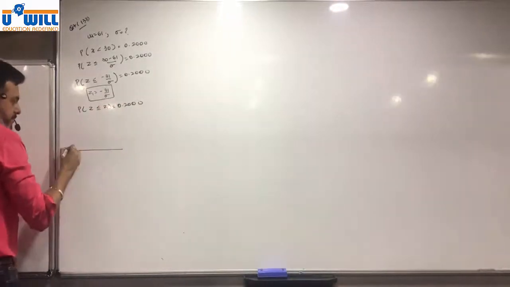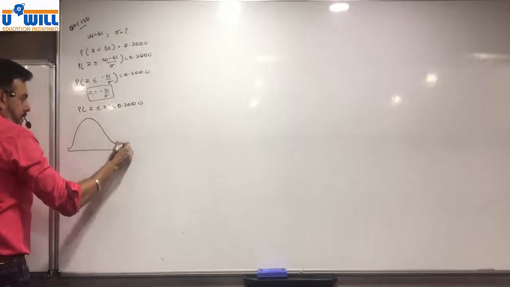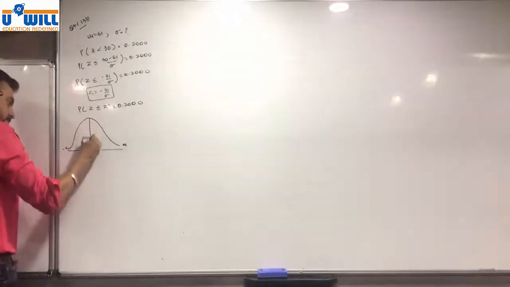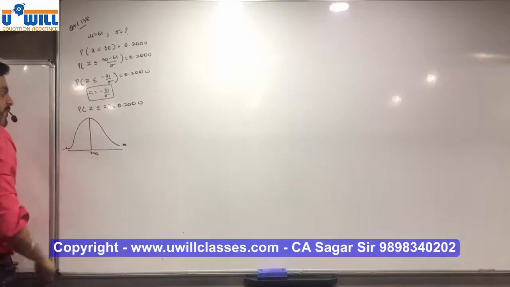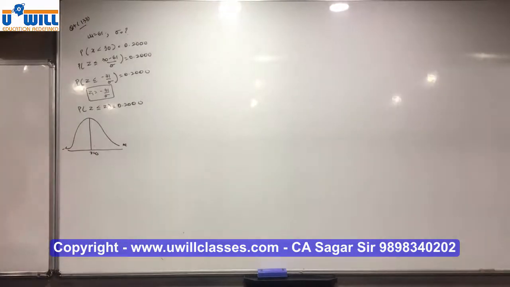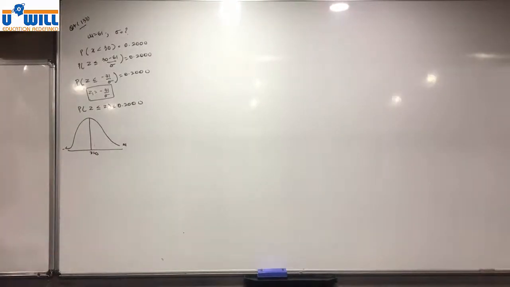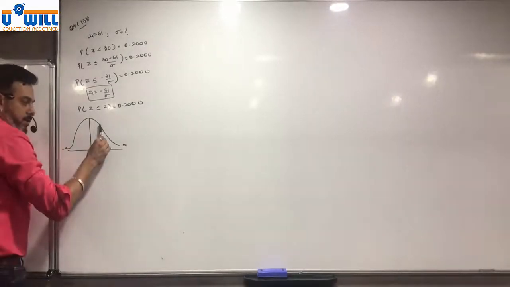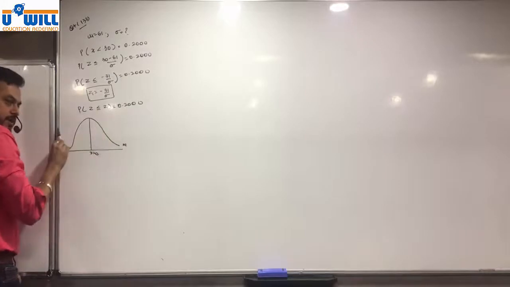Draw the graph. Minus infinity to infinity, Z is equal to 0, and Z1 — which side? And 20% shading. If I take Z1 over here and the shading is over here, will it be 20%?